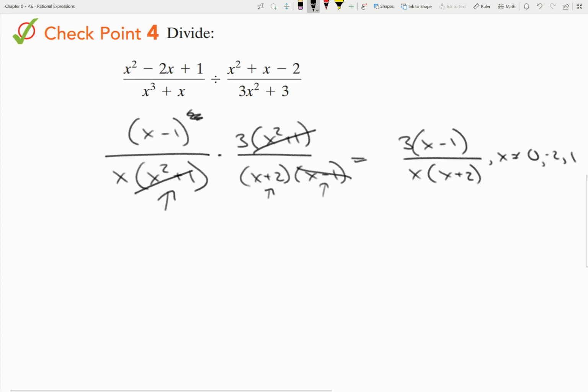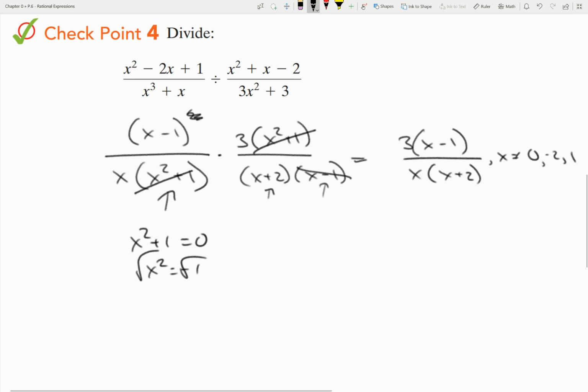Now, this expression, x squared plus 1, if I set that equal to 0, when I take the square root of both sides, I get an imaginary number. So x squared plus 1 is never actually equal to 0. You can try it around if you want. If you can think of numbers, right? You plug in a positive number, x squared, you get positive.